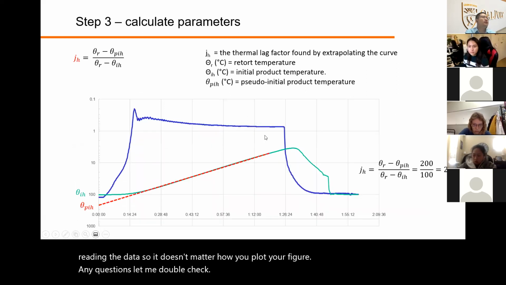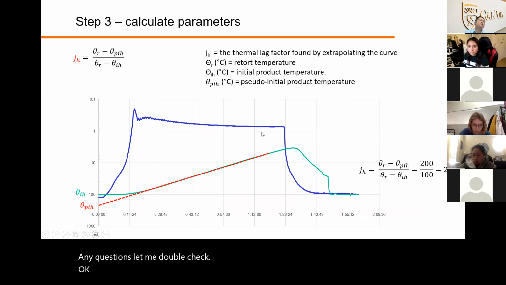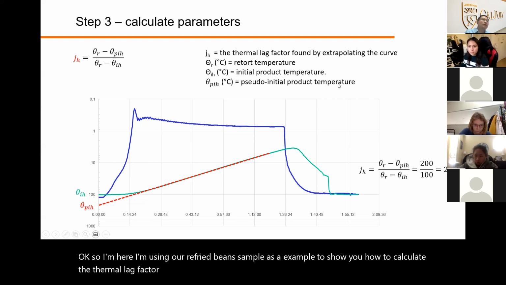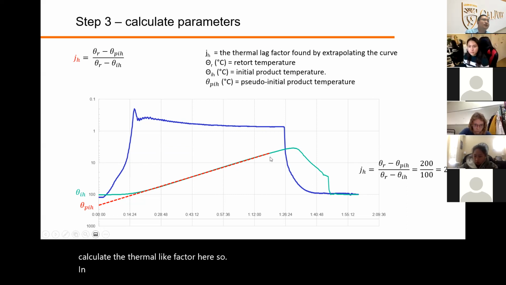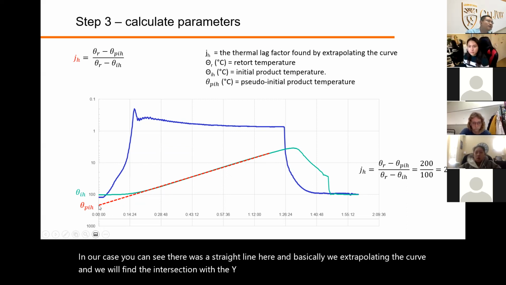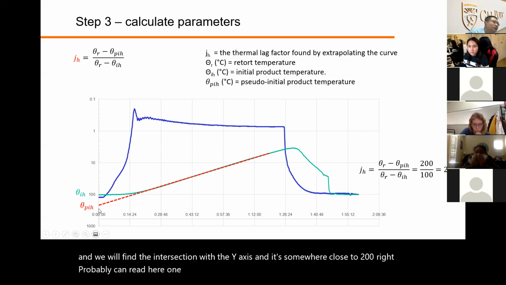Okay, so I'm using our refried bean sample as an example to show you how to calculate the thermal lag factor here. In our case, you can see there was a straight line here, and basically we extrapolate the curve and find the intersection with the y-axis, and it's somewhere close to 200. You can read 100 here and 200, 300, so it's about 200.